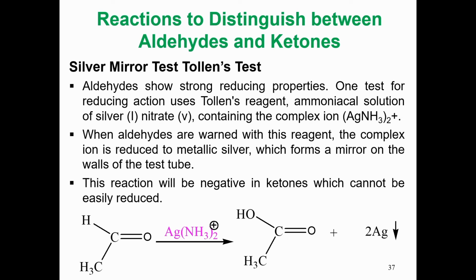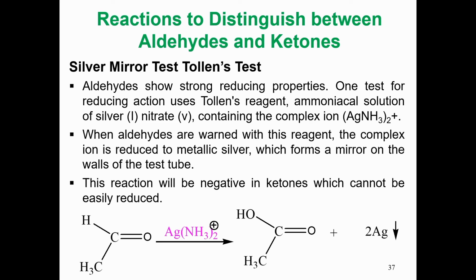The next is silver mirror, which is Tollens test or Tollens reagent test. In this reaction, the aldehyde is going to reduce the silver mirror reagent to silver, and this silver is going to be seen at the neck of the test tube. That's why they call it silver mirror test.